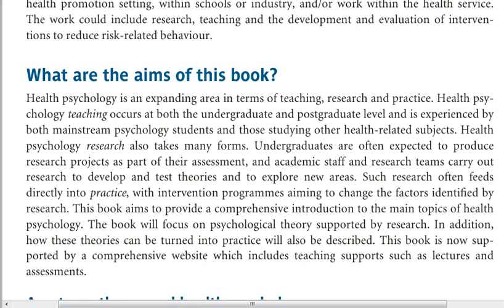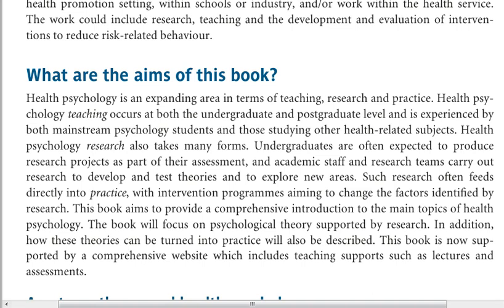Health psychology research also takes many forms. Undergraduates are often expected to produce research projects as part of their assessment, and academic staff and research teams carry out research to develop and test theories and to explore new areas.